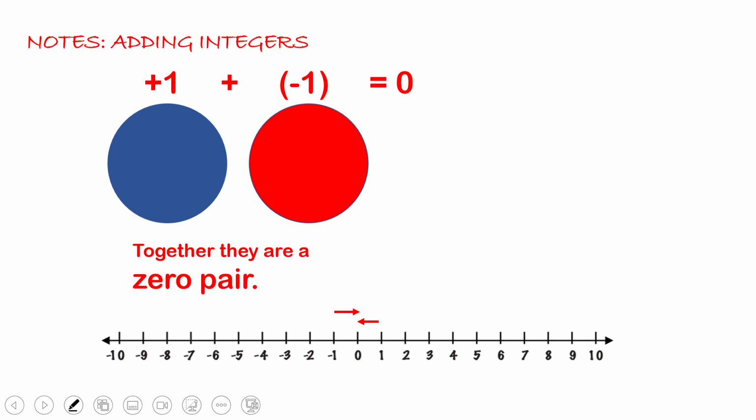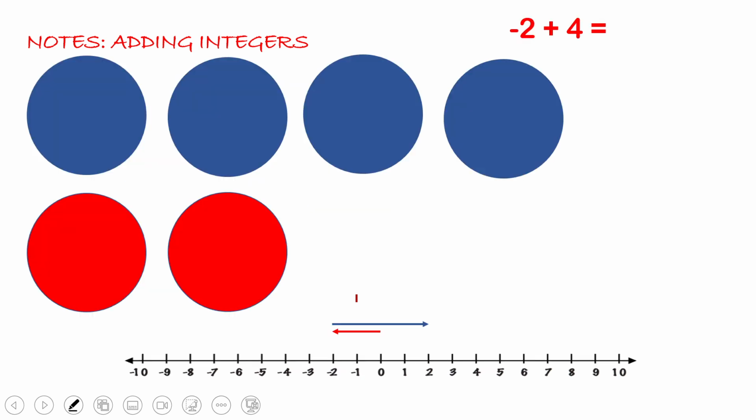Together, a positive blue chip plus a negative red chip will cancel each other out. We could call those zero pairs, and they would equal 0. So +1 and -1 will come back to 0.